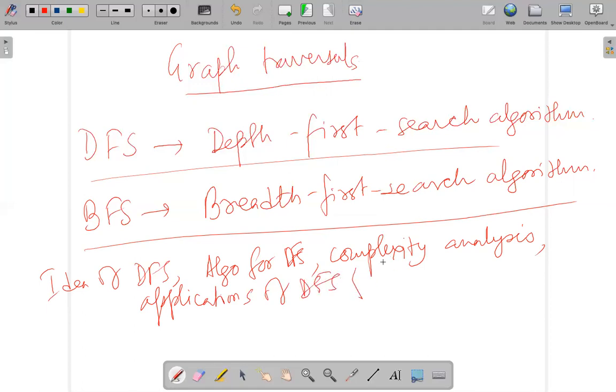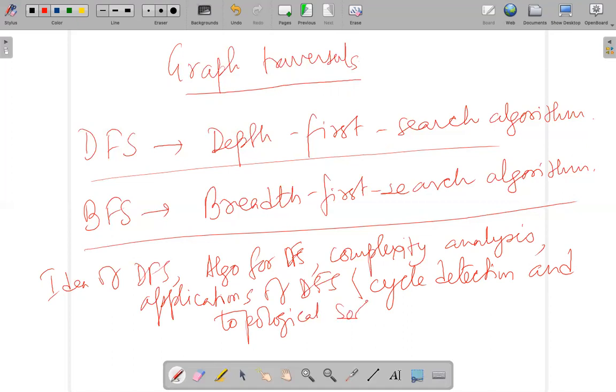We will talk about two applications: cycle detection and topological sorting. And finally, BFS plus an application.